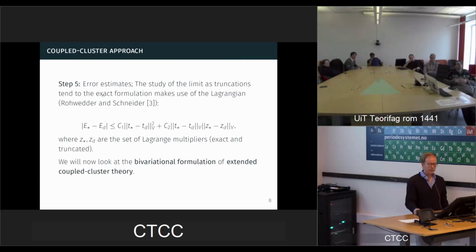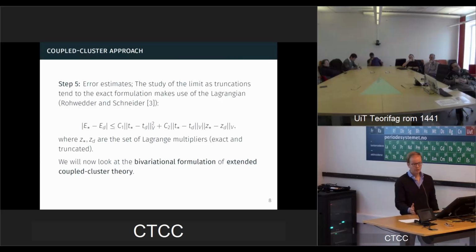Okay, so what can we then say about the energy? In the work of Rohwedder and Schneider that Simon and I have looked into, they have actually managed to get this error estimate by looking at the Lagrange formulation of coupled cluster. So you minimize the coupled cluster energy functional with a set of constraints, that is, the coupled cluster function in this case.